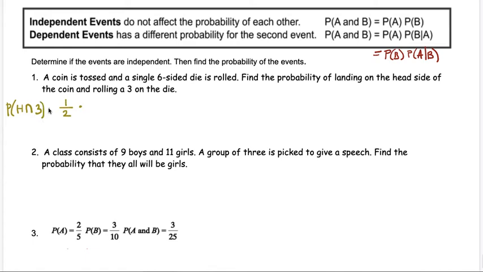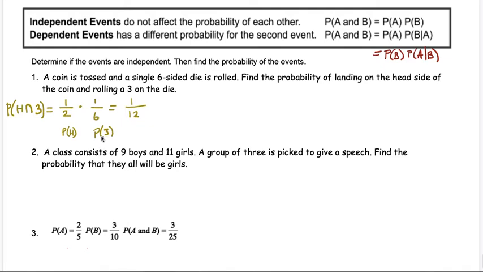That is equal to half, that's the heads, and the probability of rolling a 3 is 1 out of 6, which is of course equal to 1 out of 12.